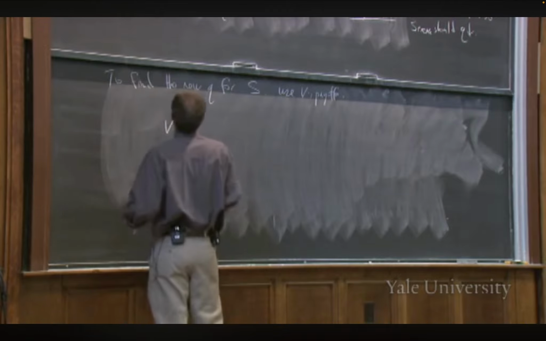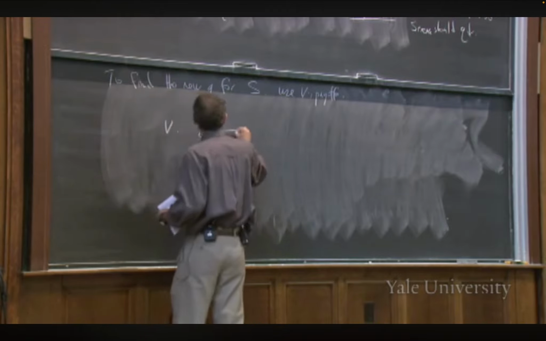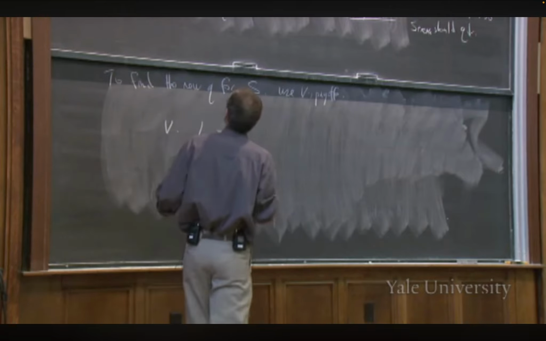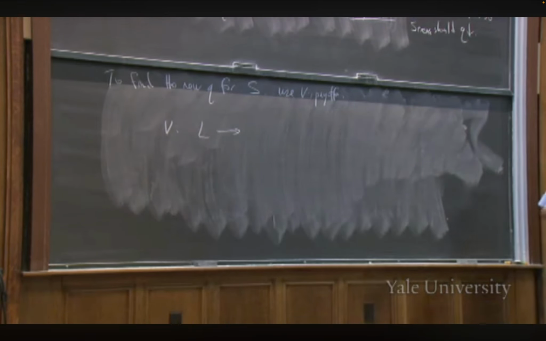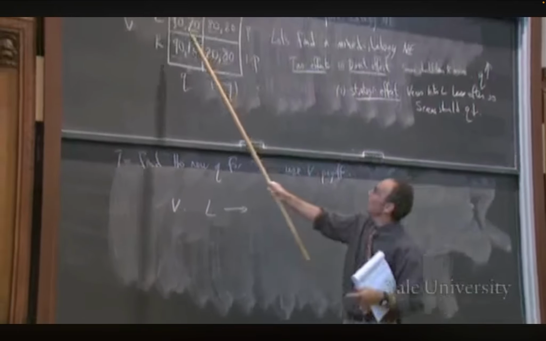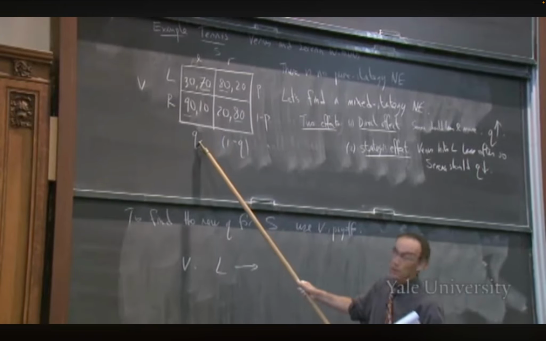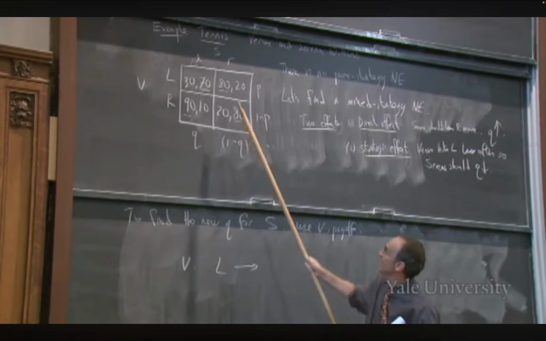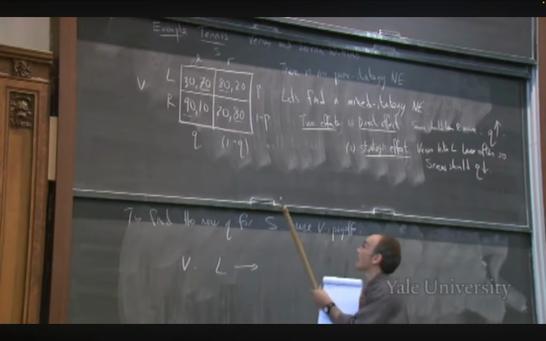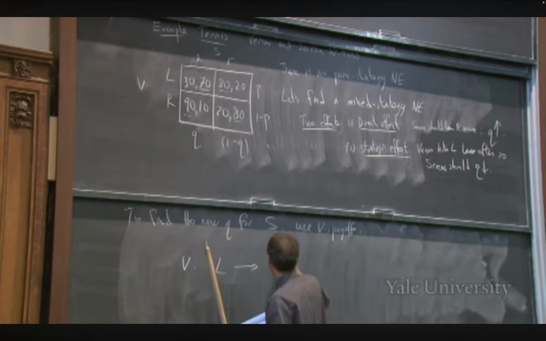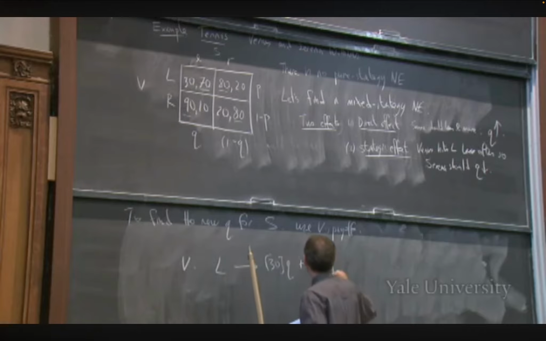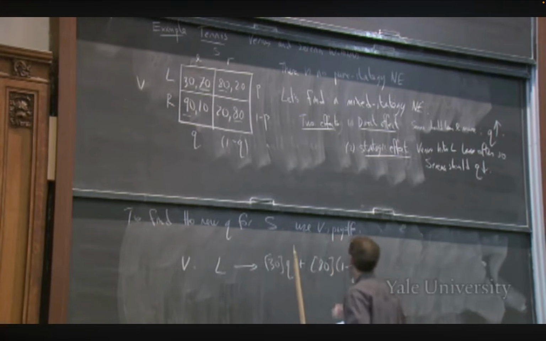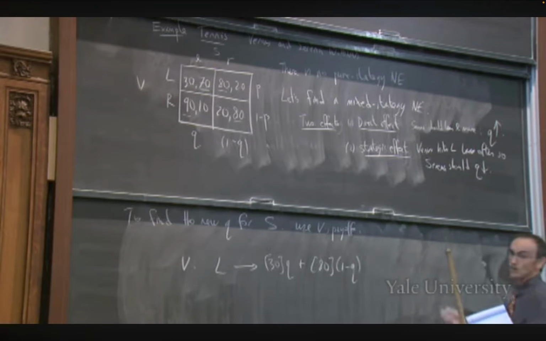From Venus's point of view, if she chooses left, then her payoffs are now, and again I should use the pointer, 30 with probability Q, this is the new Q, and 80 with probability 1 minus Q. Again, this is the new Q. I should really call it Q prime or something, but I won't.